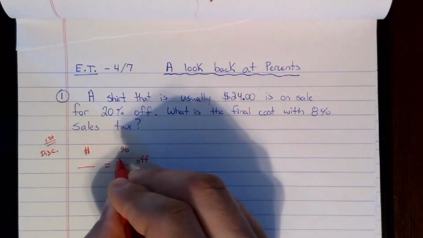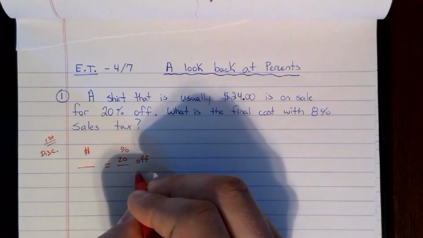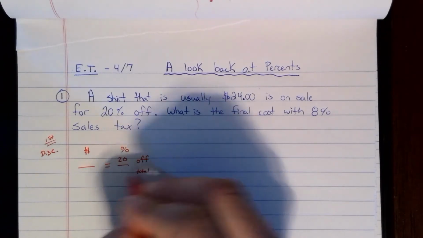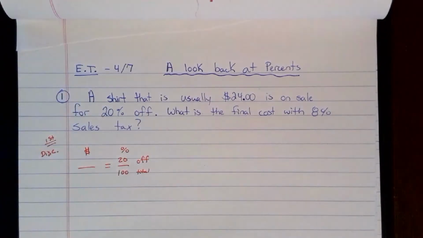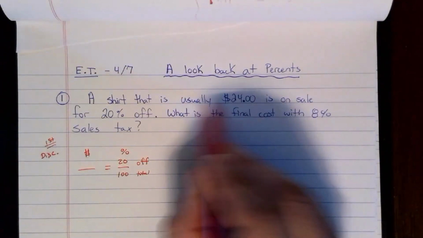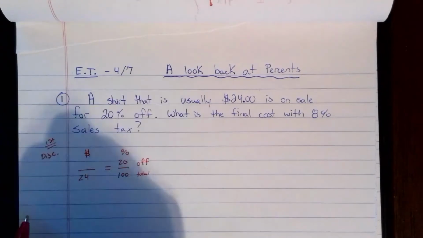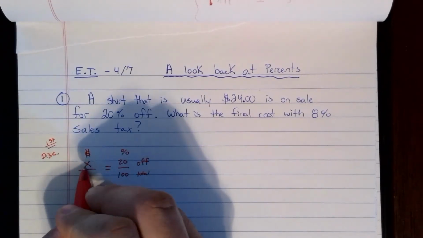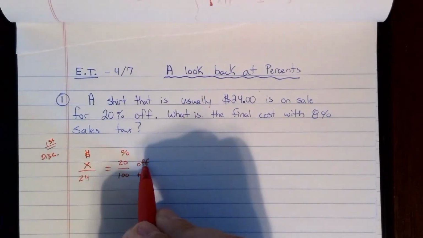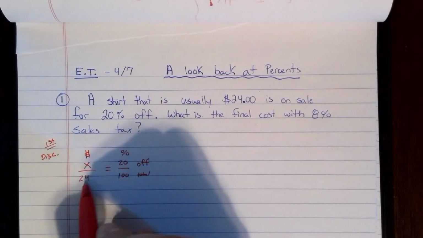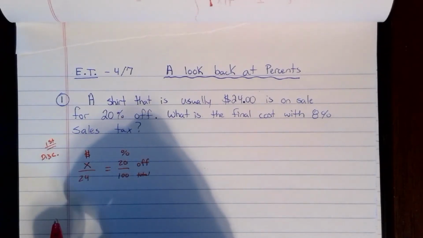We said it's 20% off. The total's on the bottom here, the total 100% amount. I know that the total usually for the shirt before the discount is $24. And what I'm looking for is this mystery amount of how many dollars off will I be able to take off of the $24 with a 20% off sale.